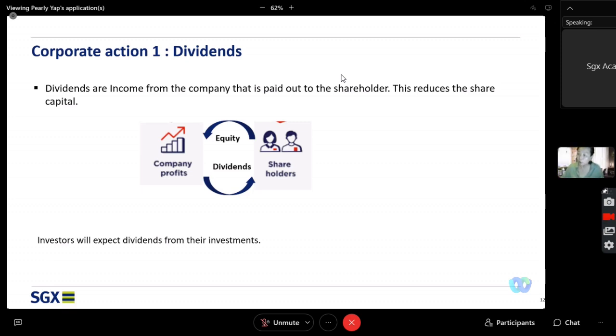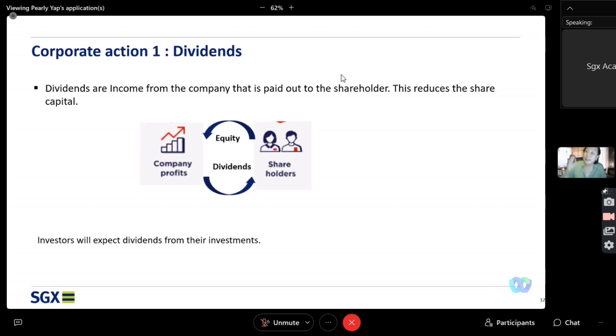But more often than not, we have what we call the payout ratio. A fraction of the profits is paid to shareholders. So, for example, we can say a company's payout ratio for dividends is 50%. So 50% means 50% of the profits of the company is paid to you as a shareholder. Understand?